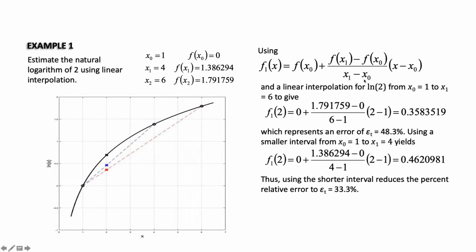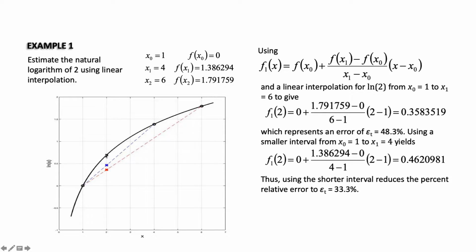This is x2 and this is x0, so 6 minus 1. We want to know what the value of f at x equals 2, so we use 2 here, and x0 is 1. Doing the mathematics, we get 0.3583519. If you plot this in this graph, the result is this red X mark.